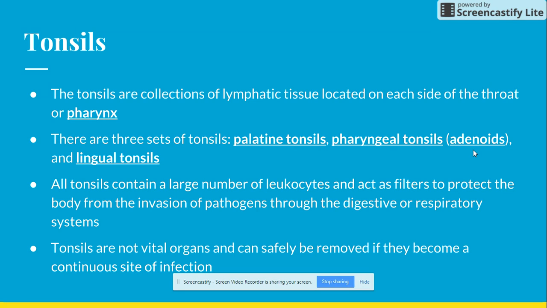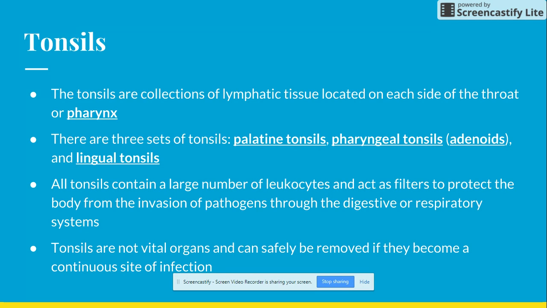If you open your mouth and look in a mirror, if you still have your tonsils, you're going to see those in the back of the throat on either side. And then you have lingual tonsils, which are further back on the back side of the tongue. And I'll show you a picture of those in a second. So they have leukocytes in there, which again are white blood cells.